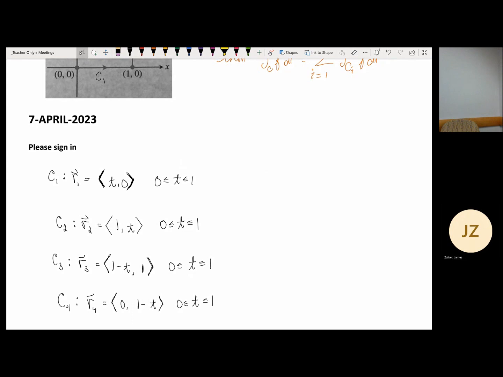Next week, we're going to look at the fundamental theorem of line integrals and do surface integrals. Oh boy. Surface integrals suck. Ever heard of a little thing called flux in physics? Yeah, those are surface integrals.